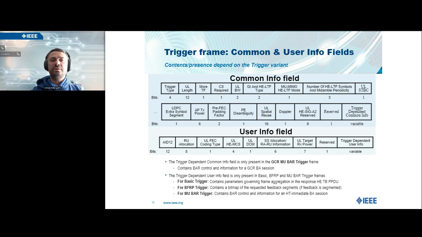And for the BFRP trigger, it contains a bitmap indicating which of the segments of the feedback are being polled by the access point. And for the MU bar, it contains the block request control and the information related to individual HT immediate block sessions that have been previously negotiated between the access point and the triggered stations.